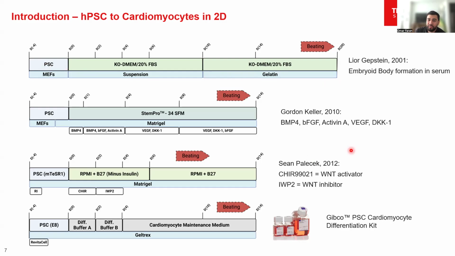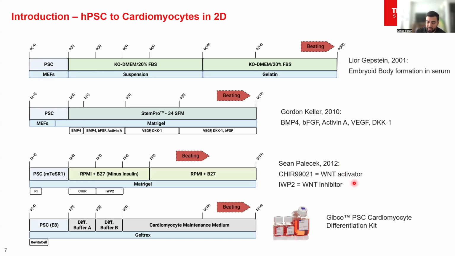So folks continued to develop on that process, and in 2010, Gordon Keller published a protocol that uses growth factors specifically in order to try to mimic that signaling pathway. BMP, FGF, activin, VEGF, and Dickkopf are some of those growth factors and cytokines that are used to generate mesoderm, then cardiac mesoderm, and eventually beating cardiomyocytes.